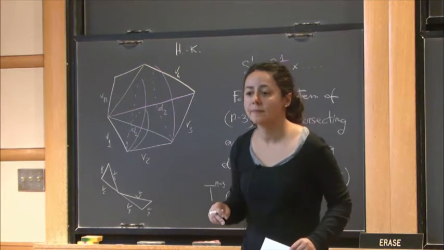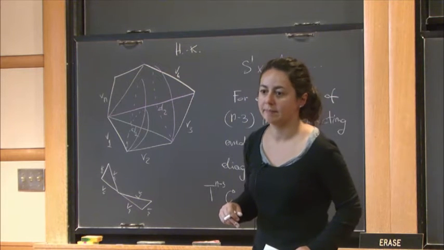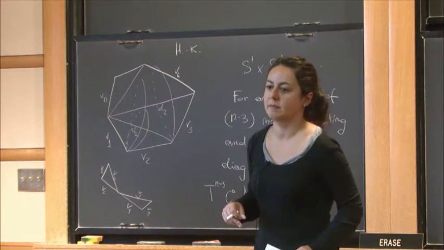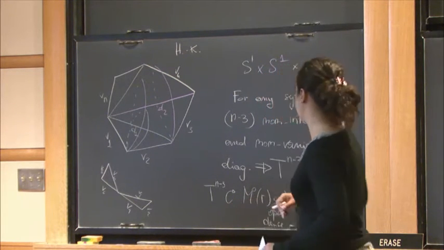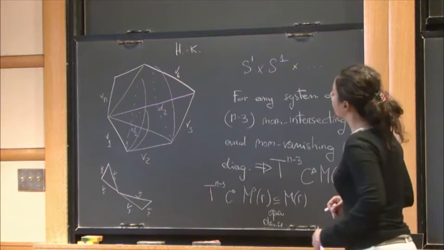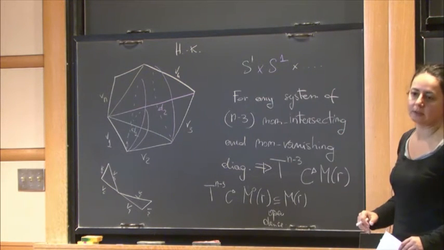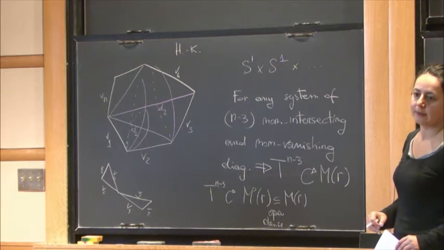For certain choices of parameter R, is this a genuine torus action? Yes. Precisely when you cannot have a vanishing diagonal.